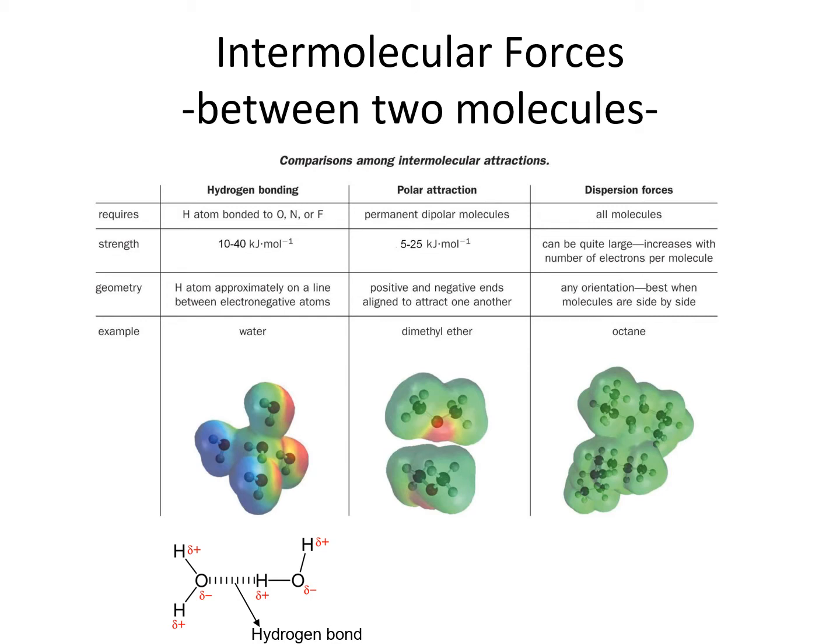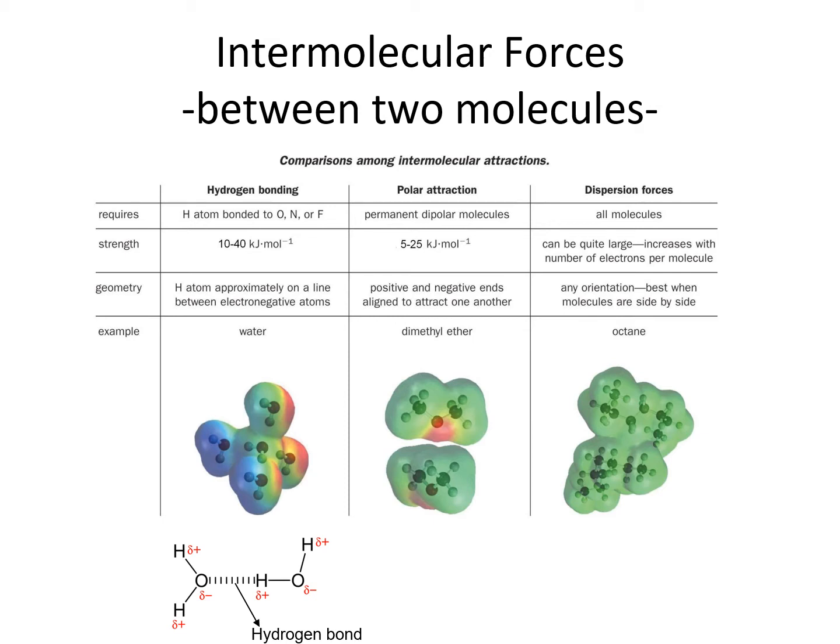So hydrogen bonding is a special type of dipole-dipole interaction that occurs when a hydrogen atom of one molecule is interacting with an oxygen, a nitrogen, or a fluorine of the other molecule. For example, here we have two water molecules. Please do not confuse the covalent bond between the hydrogen and the oxygen of one particular water molecule with a hydrogen bond.